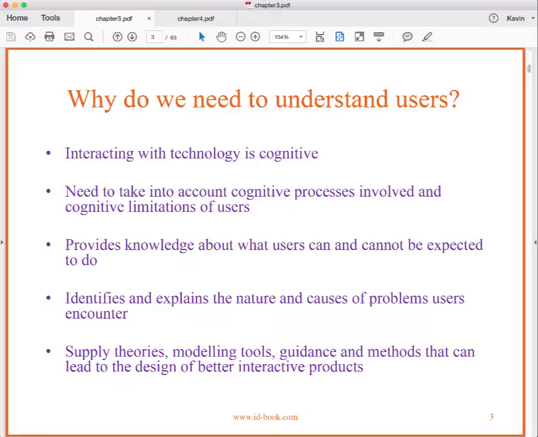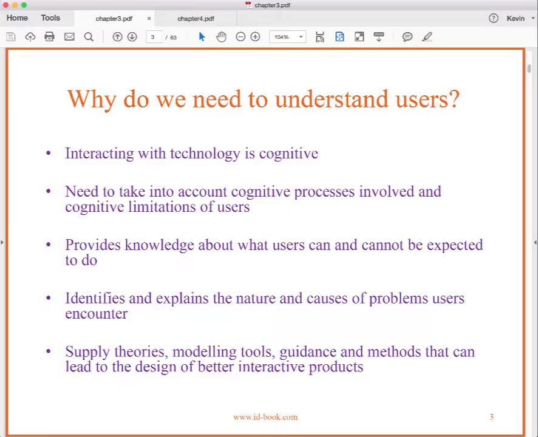And so we need to take into account the cognitive processes involved and some of the cognitive limitations that the users might have, so as best to design the interaction. This is going to provide us with knowledge about what users can and cannot reasonably be expected to do.